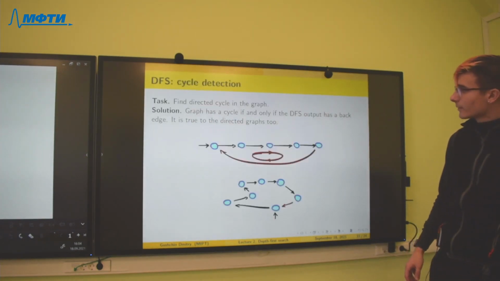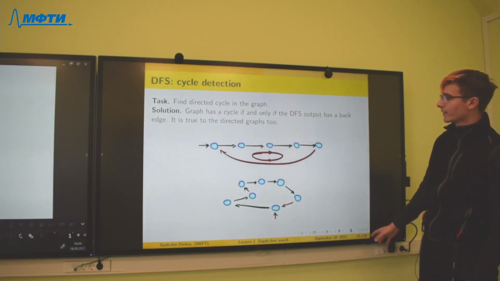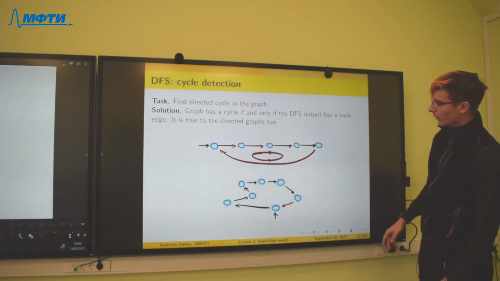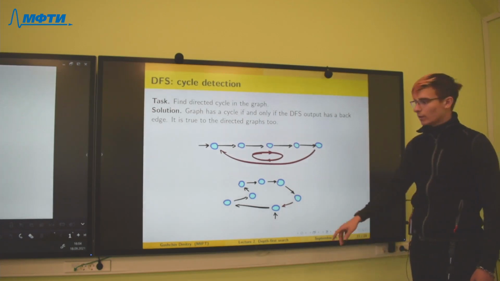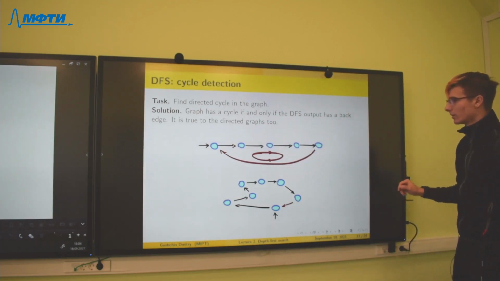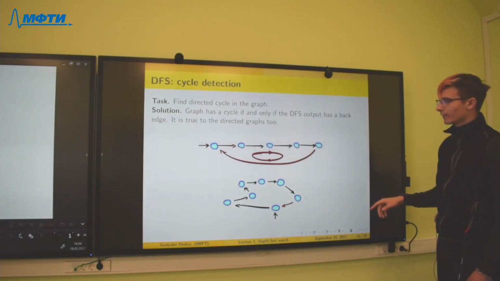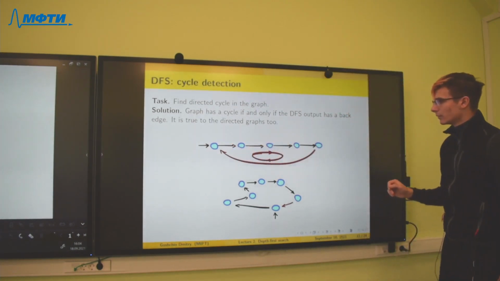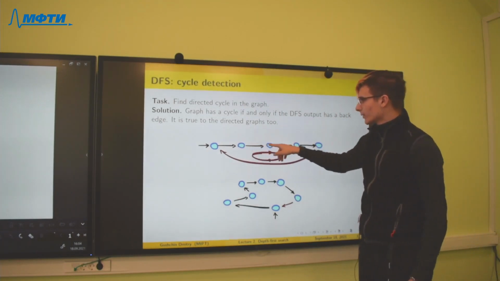So about the first task and its solution with DFS. For example, if we have a directed graph and we want to find a cycle in this directed graph, we say that a path is named a cycle if every edge is directed from vertex E to vertex E plus 1.